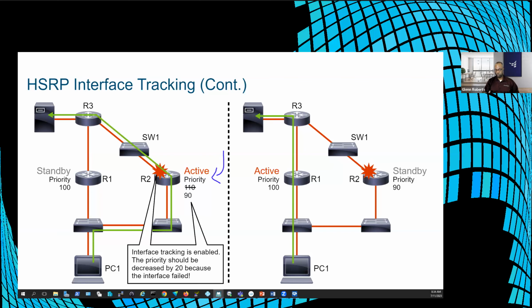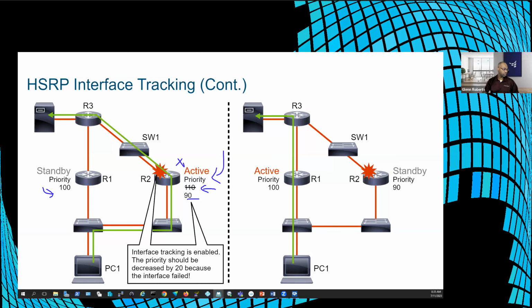See it? 110 is the priority. So that means router 2 is going to be the active router. But in the event of a tracked interface failure, now priority drops to 90, lower than 100. Router 1 takes over. And in that instance, HSRP gives me the ability to do interface tracking.